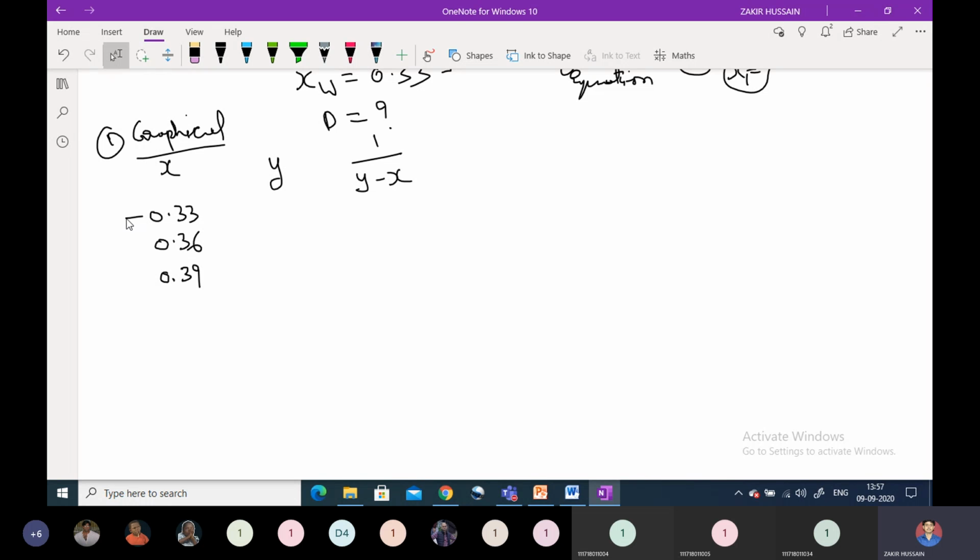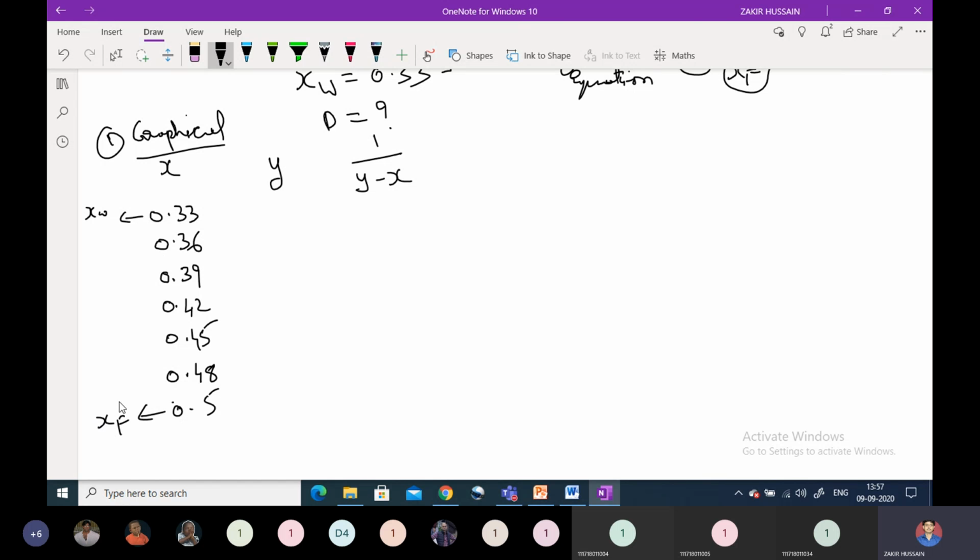So 0.33 is XW, then 0.36, then 0.39, 0.42, then 0.45, and 0.48. The last one will be XF.